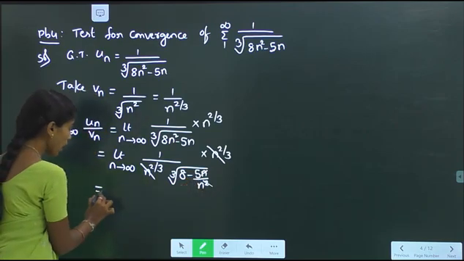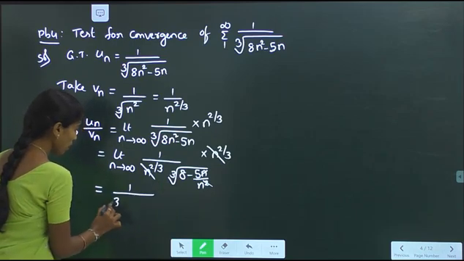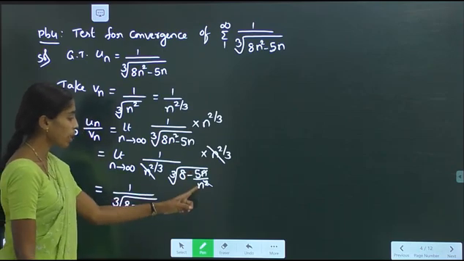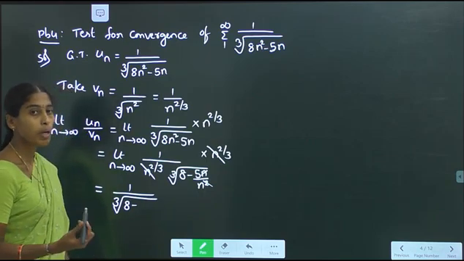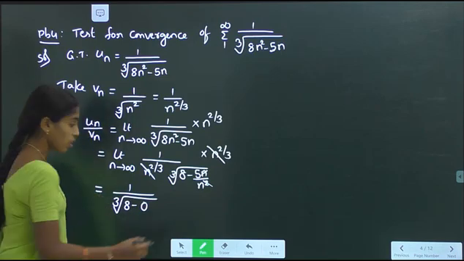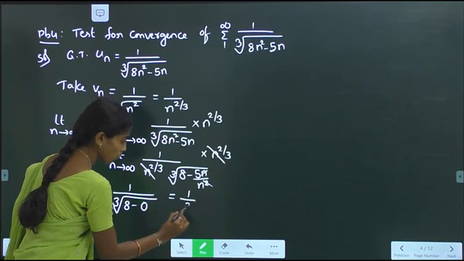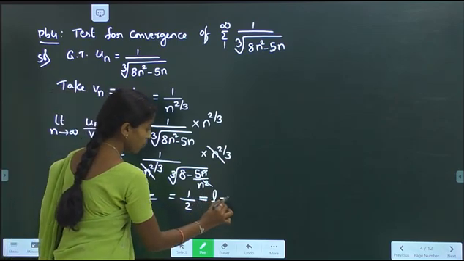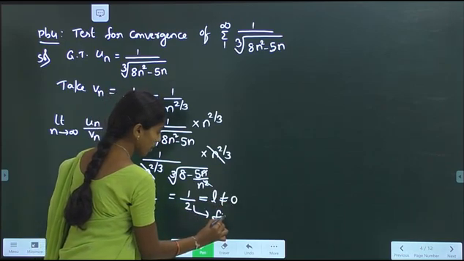Now apply n tends to infinity: 1 by cube root of 8 minus, in the second term, 5 by n remaining. As n tends to infinity, 1 by n tends to 0, so 5 by n becomes 0. What is the value of cube root of 8? It is 2. So 1 by 2 is the limit value, which is not equal to 0 and is also a finite number.